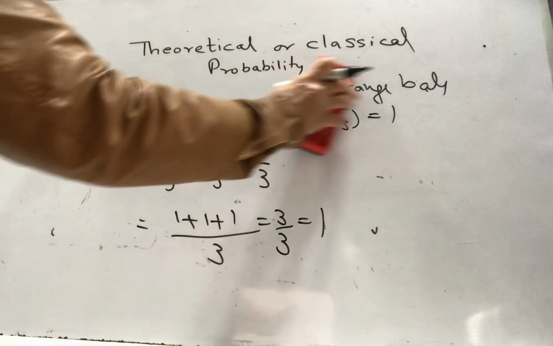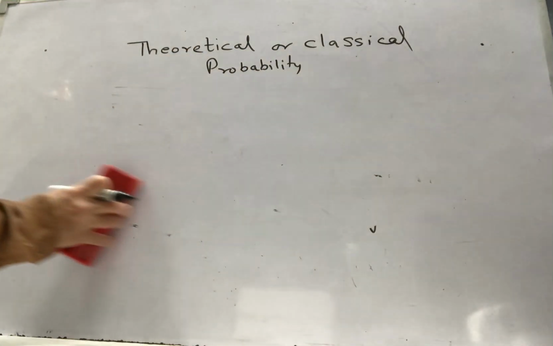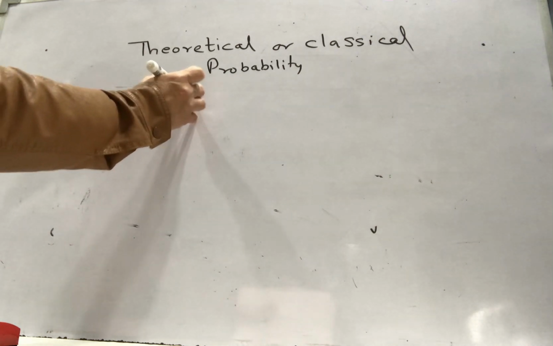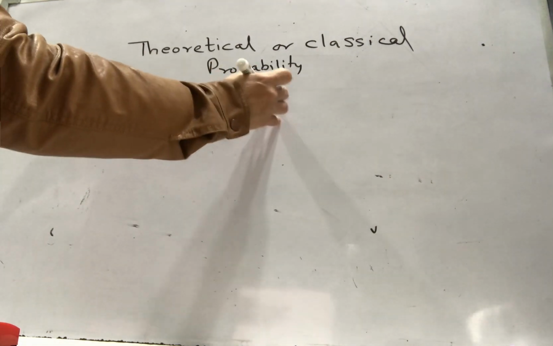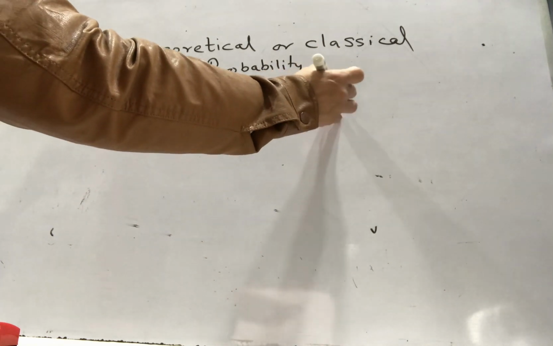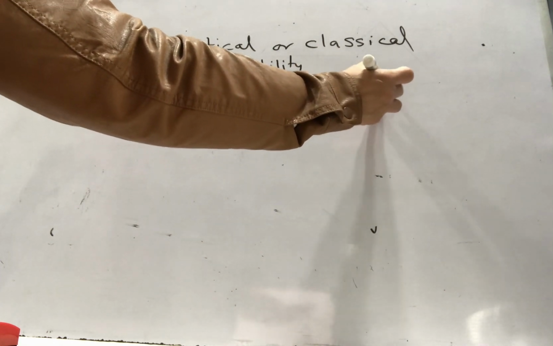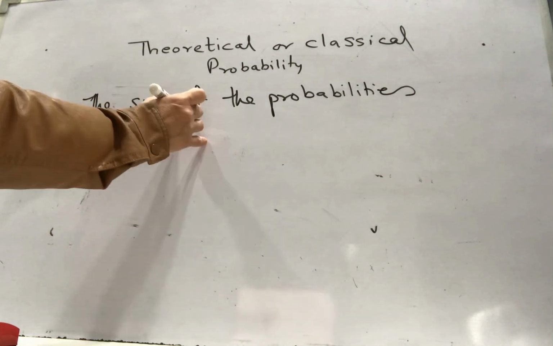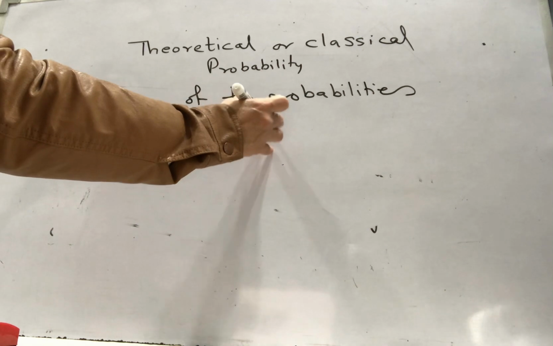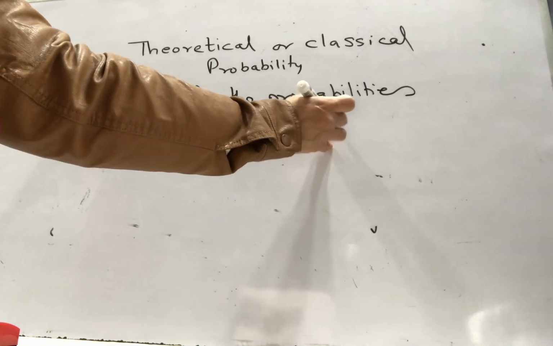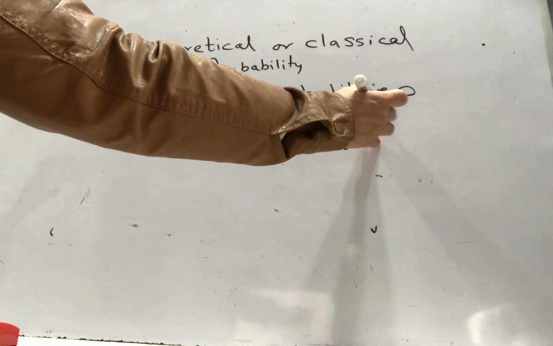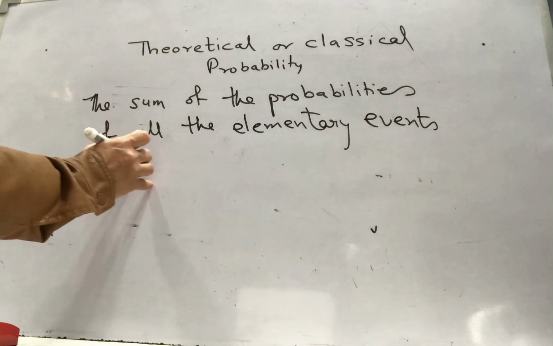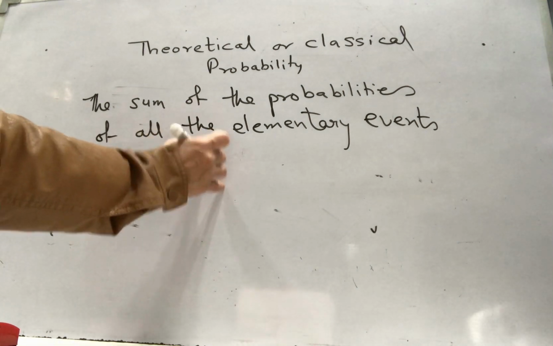So we can write: the sum of the probabilities of all the elementary events of an experiment is 1.